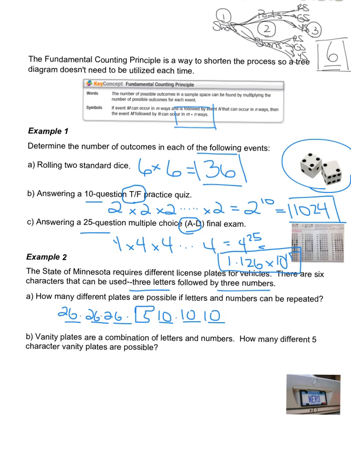The fundamental counting principle says we just multiply all of our events together to get the total number of outcomes in our sample space. So we get 17,576,000 total license plates are possible using those parameters.